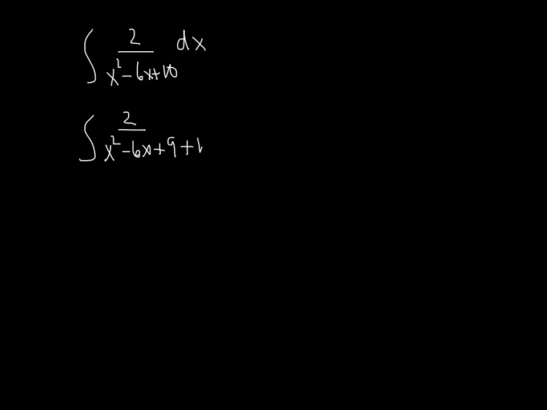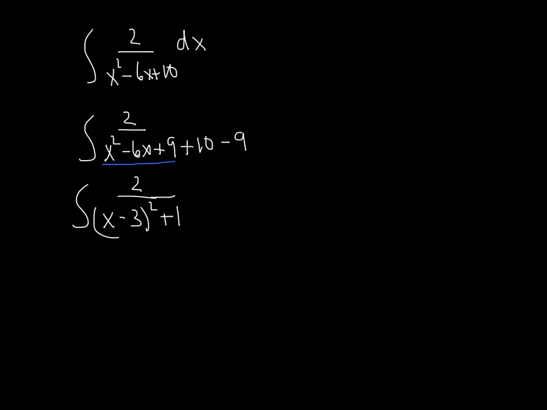And we need a plus 10 here, and we're going to subtract a 9 back out to balance it. And so we're going to have 2 over, and I'm going to factor this, but I just gave you a shortcut. When you factor that, it's always going to be x plus or minus half of the middle term. And 10 minus 9 is 1.